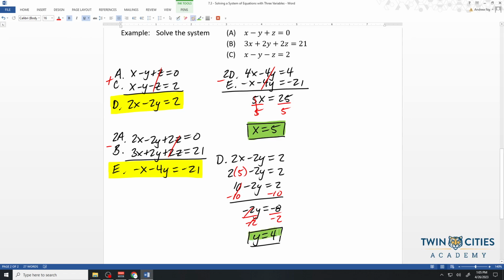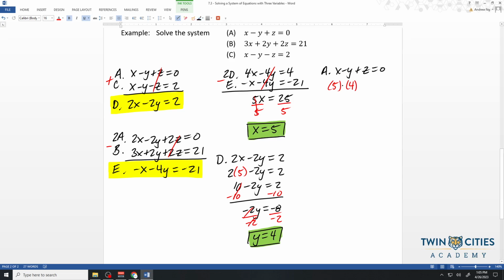And once you've solved for two of the variables, you're going to go back to your original equations, and you're going to plug both x equals 5 in this case and y equals 4 into one of these. I think A would be the easiest one. So over here, let's just write down A is x minus y plus z is equal to 0. And now we know x is 5 and y is 4.